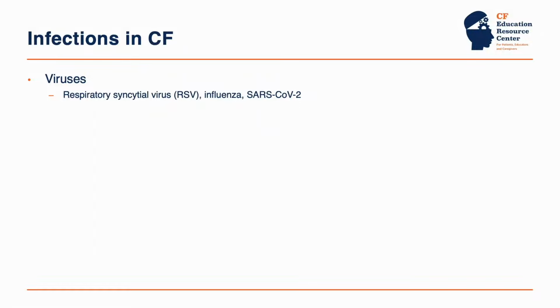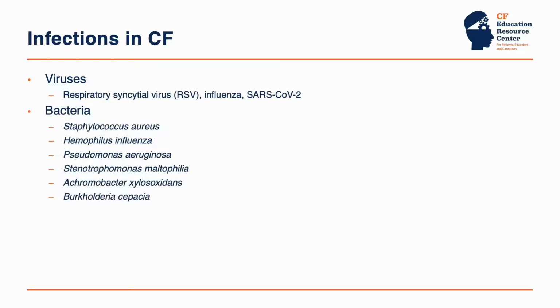And many of these infections and others will help to set up an environment that's ripe for other infections by causing airway injury. Vaccinations are really critical to prevent these infections, and we're all very pleased to see the development of an RSV vaccine that we hope will be helpful for infants and other children, including those with cystic fibrosis.